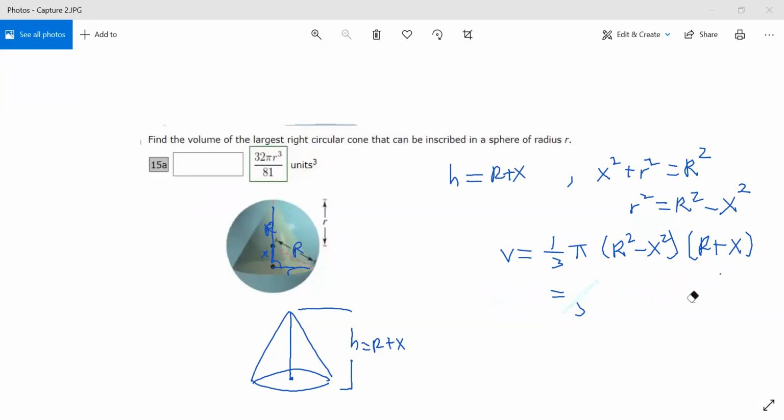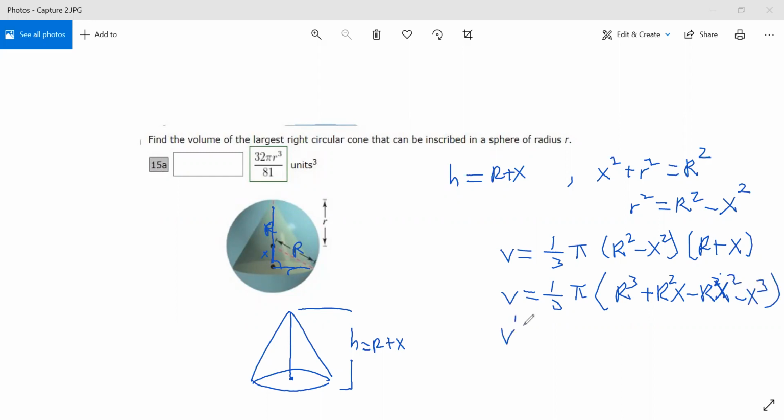So let me distribute it first, and then we'll do the derivative. So that's R cubed plus R squared x minus r x squared minus x cubed.